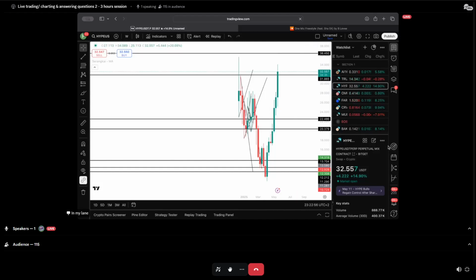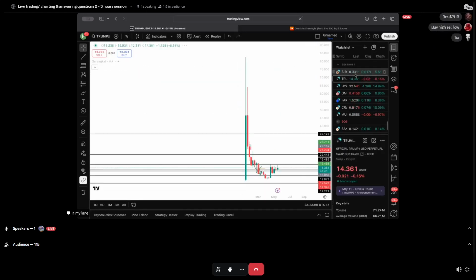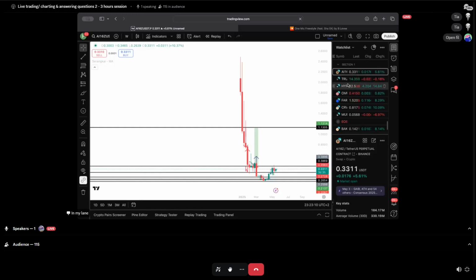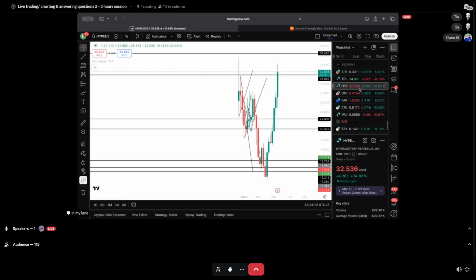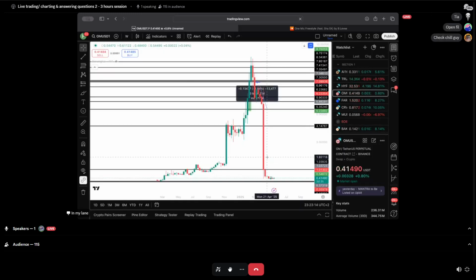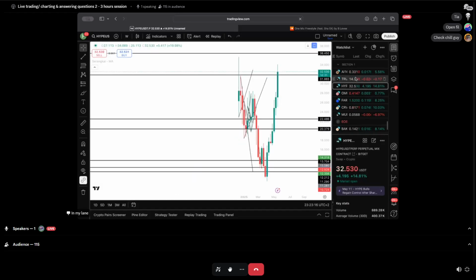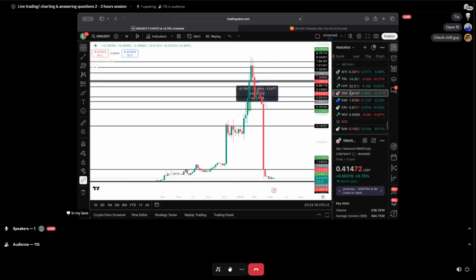There's no potential here. If you're trying to buy, no. You should have bought at the bottom here, not here. Okay? There's more potential in this one than on this one. Do you understand? But don't buy this. It's a rug.